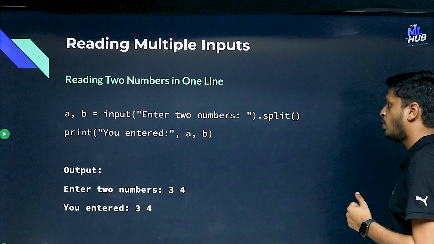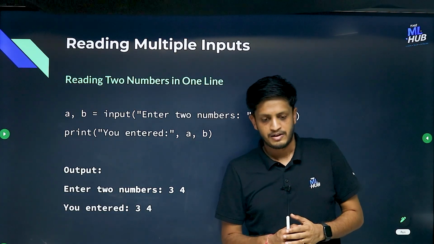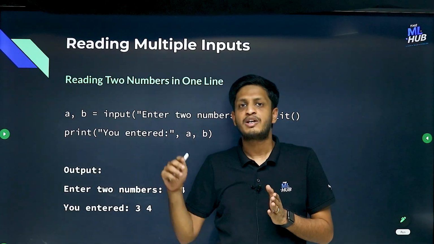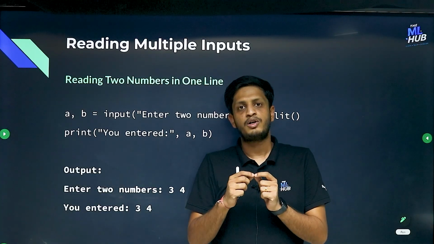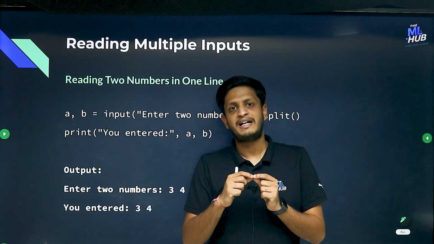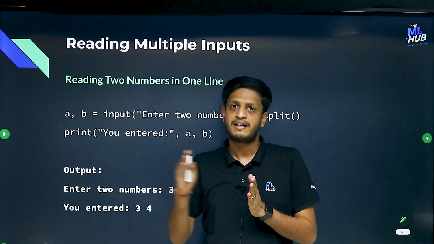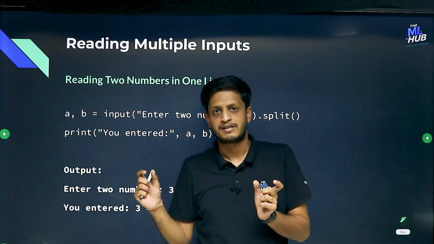Now, what if we want to input multiple numbers in a single line? As I told before, the input function stops reading when you hit the enter key or the new line character, right? So what if you want to enter multiple inputs or multiple integers, let's say 1, 2, 3, space separated in a single line, and you want to actually input them into multiple variables.